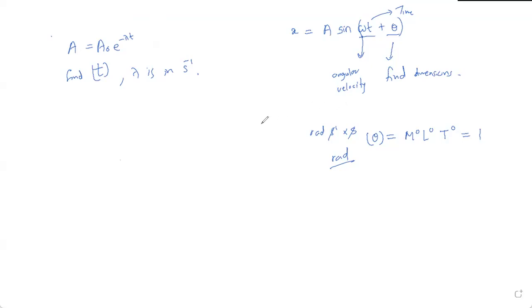So this is a power, no? Lambda into T is a power. Powers do not have dimensions. So dimensions of lambda into dimensions of T should be 1, right? So dimensions of lambda is per second. For T, we are going to find now.